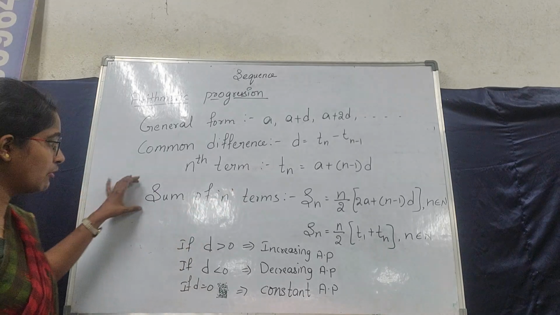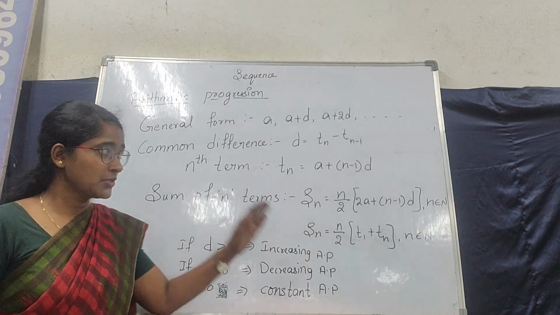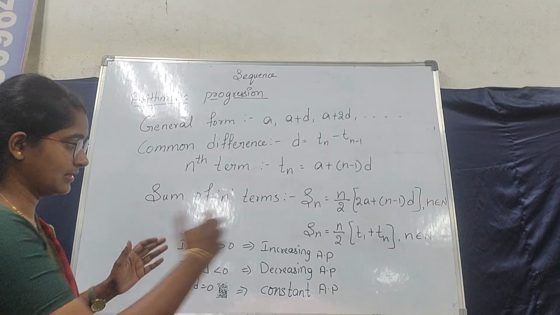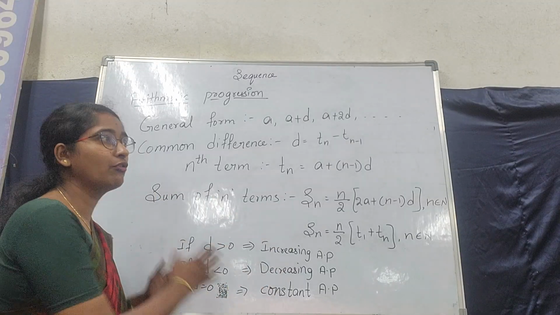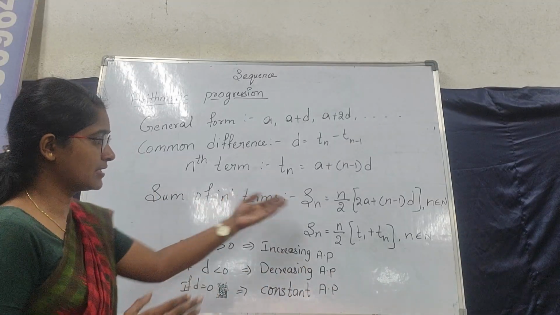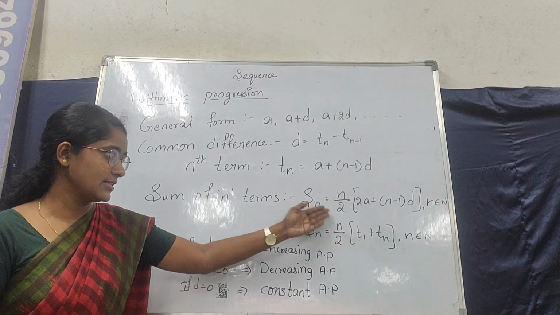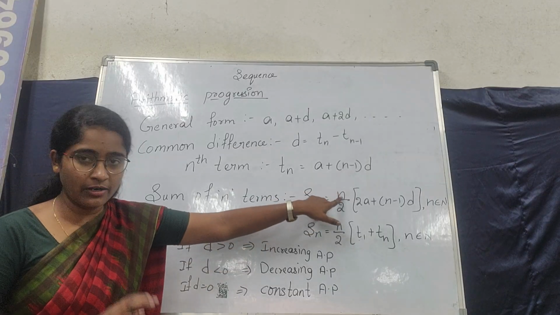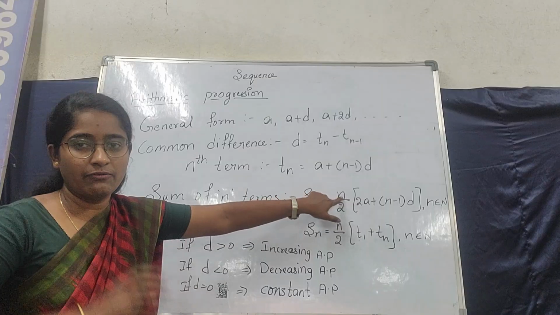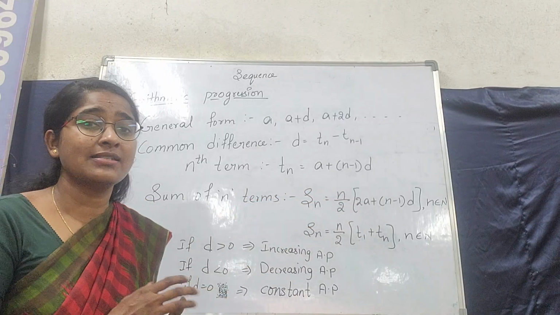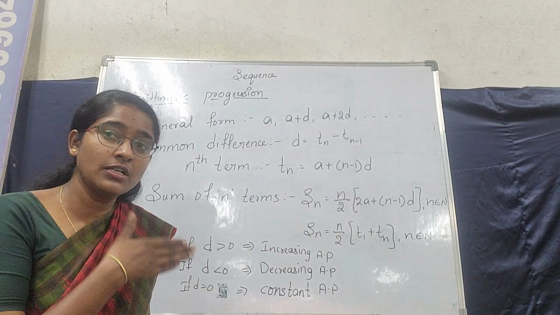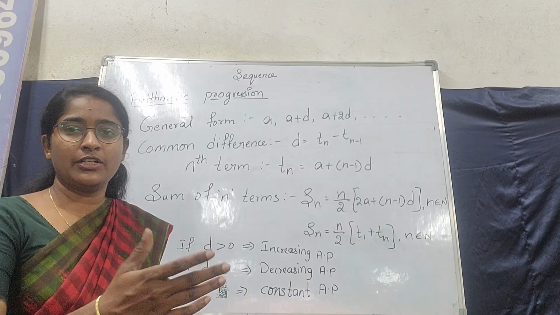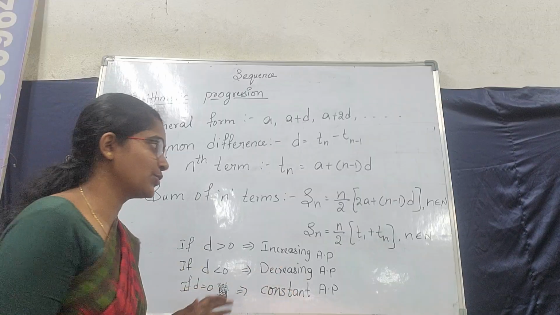And the next, the sum of n terms. Suppose 10 terms are there and you want to add all those terms, then the formula is Sn equals n by 2 into (2a plus (n minus 1) d). Suppose the series is 5, 10, 15, 20 like that, and you want to add 10 numbers.